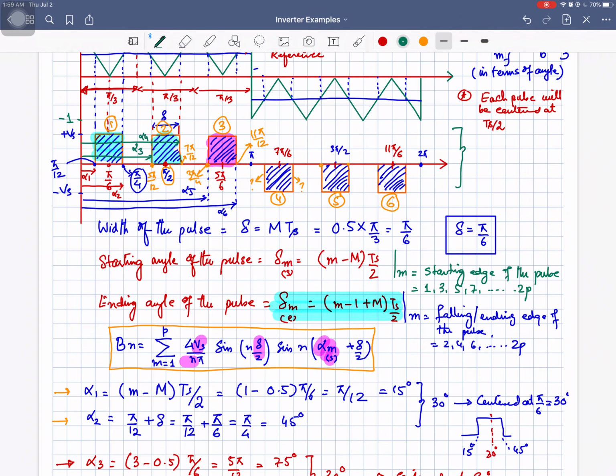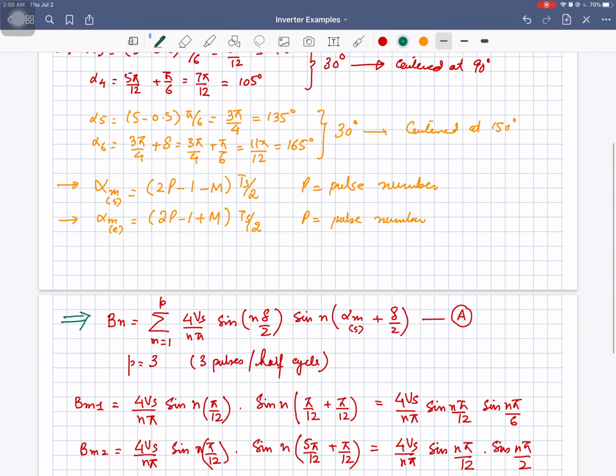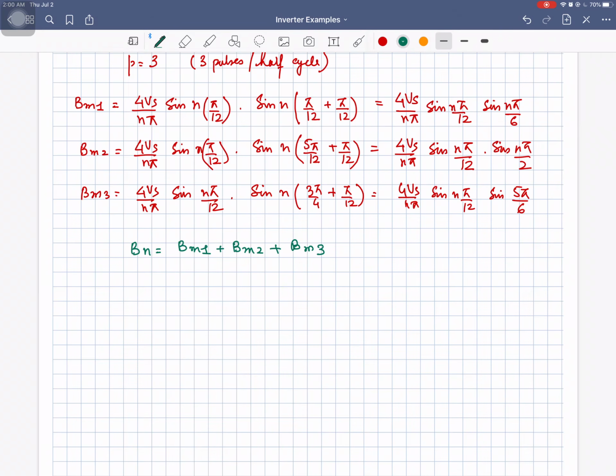This is the waveform for the output voltage of the inverter. Okay, so now let's sum all of these together.